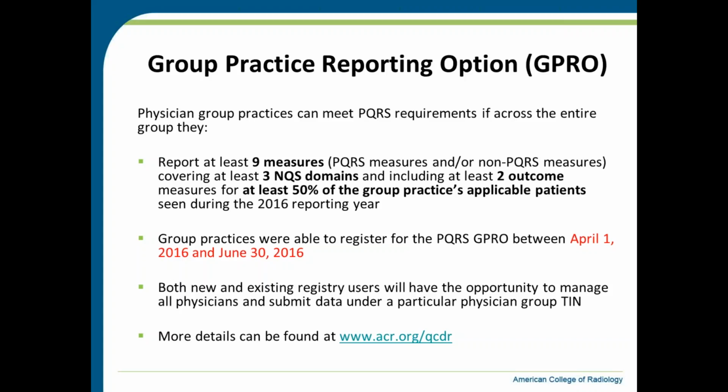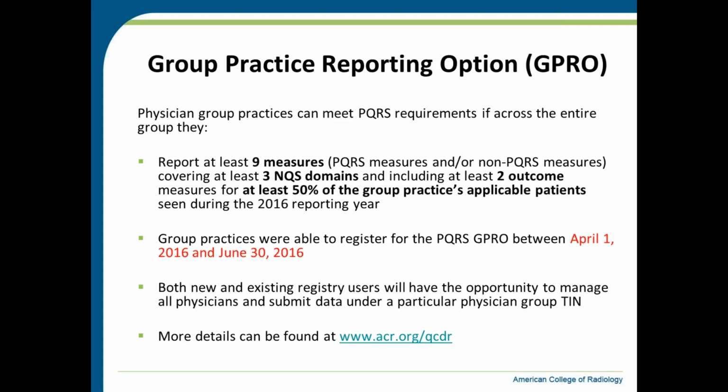In general, you would need to find out if they're doing individual or GPRO reporting, because that affects how much data you need. If you're in a physician group practice, you can meet these requirements across your entire group if they have at least 9 measures, 3 domains, and 2 outcomes, which we already covered for individual reporting.